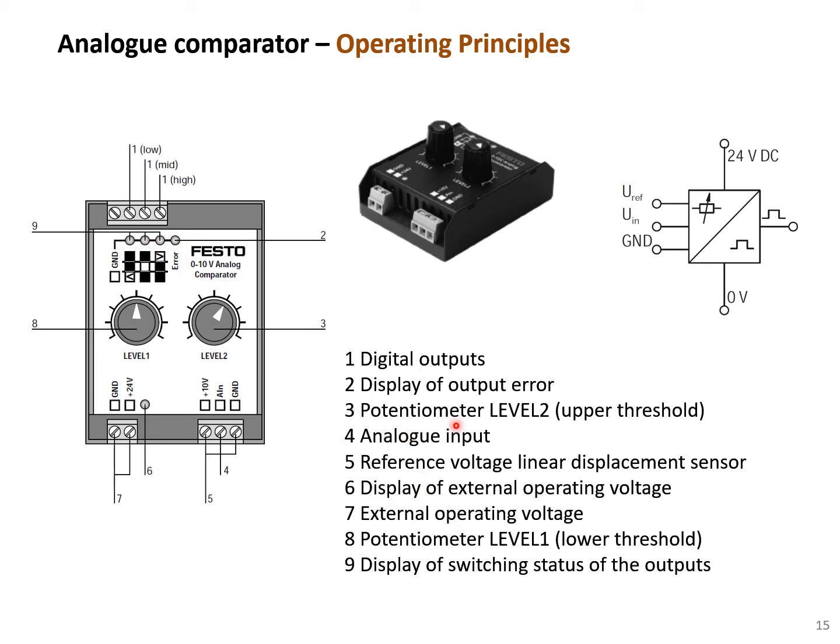We have potentiometer level 2, this knob, the analog input for the reference voltage linear displacement sensor, 5, display of external operating voltage, 6 is the LED, 7 external operating voltage, 7 is here, 8 is potentiometer level 1, the second knob here, and 9 display of switching status of the output.